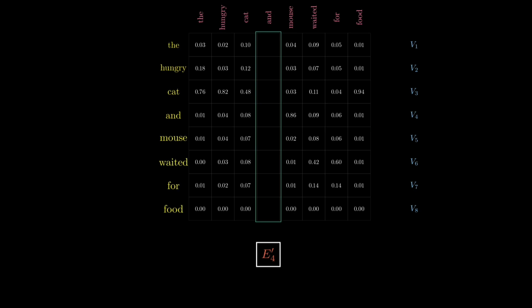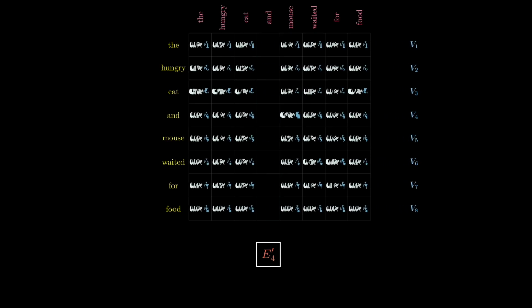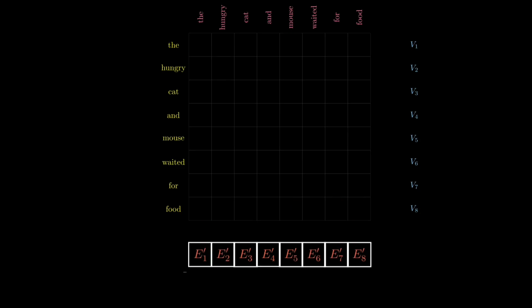This weighted sum is what makes the embedding of this word more contextual, more aware of its surroundings. We repeat this weighted sum process for every column in the grid, giving us a set of full, refined embeddings for all the words in the sentence.